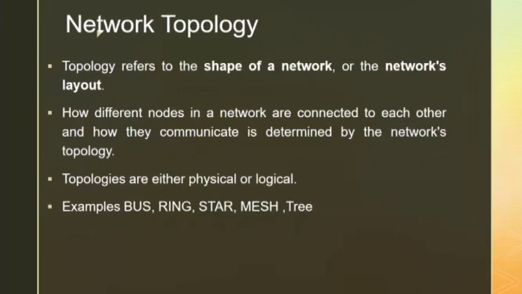The topology tells how different nodes in a network are connected to each other. Different nodes can be a computer, a printer, a scanner, a network scanner. These we call the nodes.